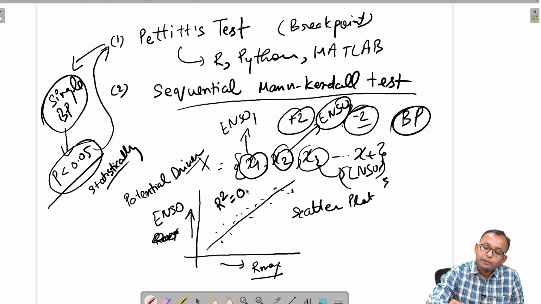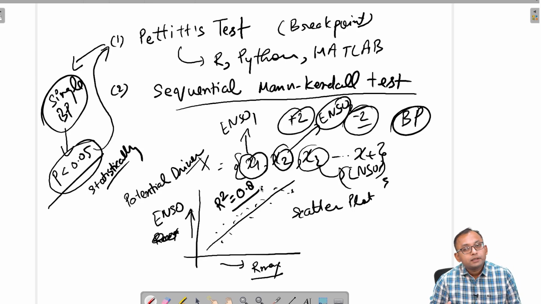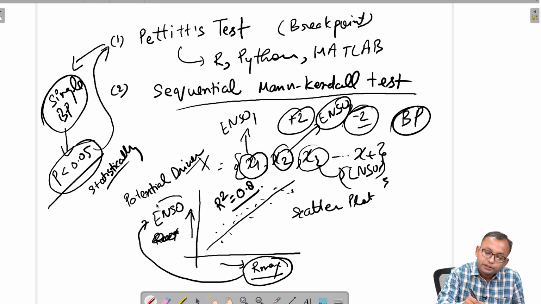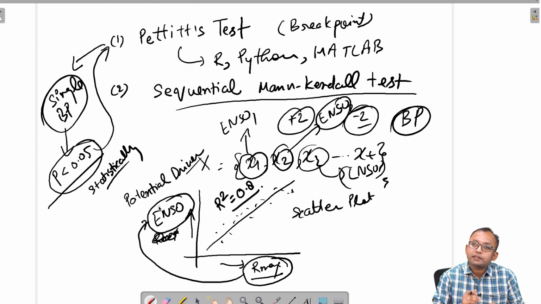Suppose the correlation is coming out to be 0.8, which means 80% of the variability in your R max can be explained by the variability present in the ENSO, which means there is a strong correlation between R max and ENSO.